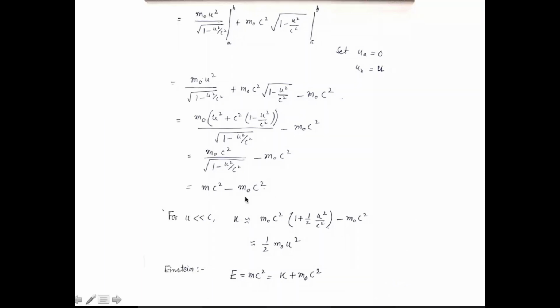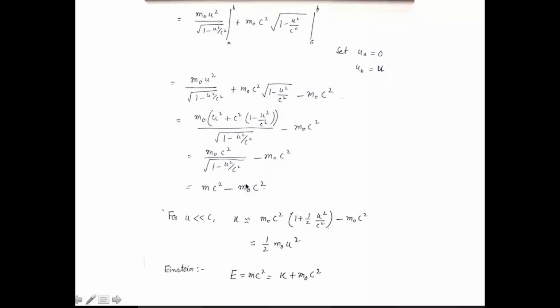We tend to think it's half m v_b square minus half m v_a square. Instead, what we get is absolutely no v, no u, nothing. But not only that, we have the difference of two terms, and both of them contain the velocity of light. But this is the key thing: in one you have the full mass, which has a dependence on velocity. In the other case, it is the rest mass.